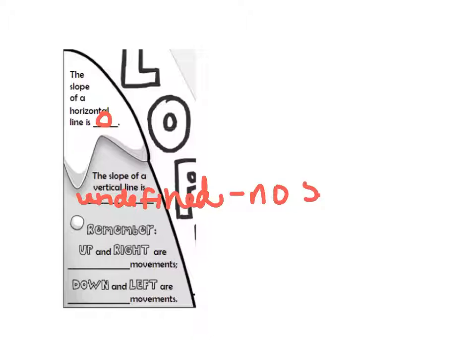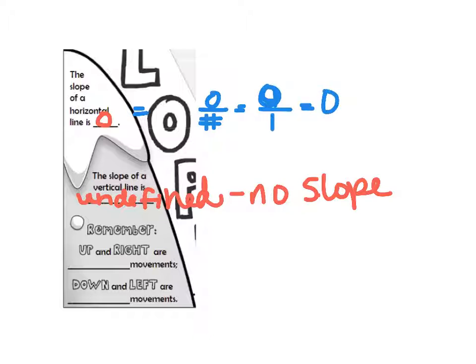No slope and 0 slope are not the same. It's easy to remember if you put it in the calculator. This horizontal slope, when you calculate your slope, will be 0 over a number. So let's say, for example, that it's 0 over 1. If you put that in the calculator, it will tell you it's 0.